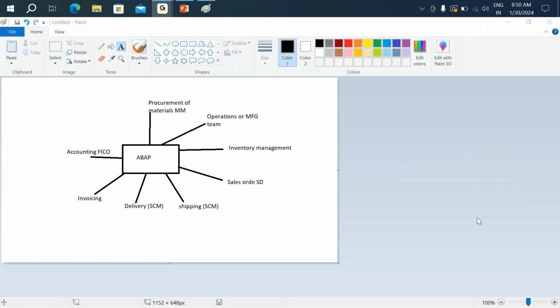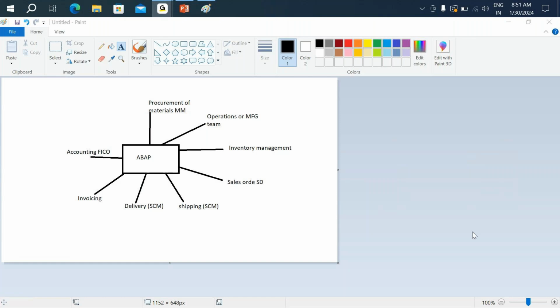There's one more message. How will be the growth in ABAP or FICO? See, if you choose FICO, it's a functional module, right?